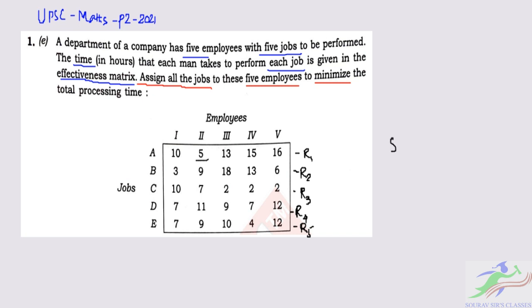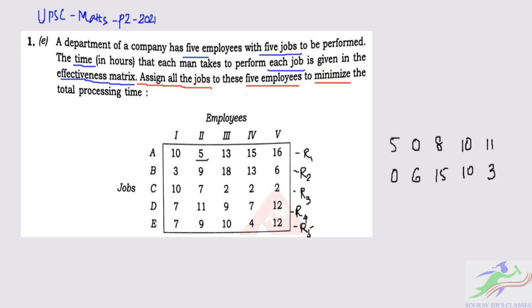So we have 10 minus 5 is 5, 5 minus 5 is 0, 13 minus 5 is 8, this is 10, this is 11. In the next row we have 3, so similarly we have 0, 6, 15, 10, 3.